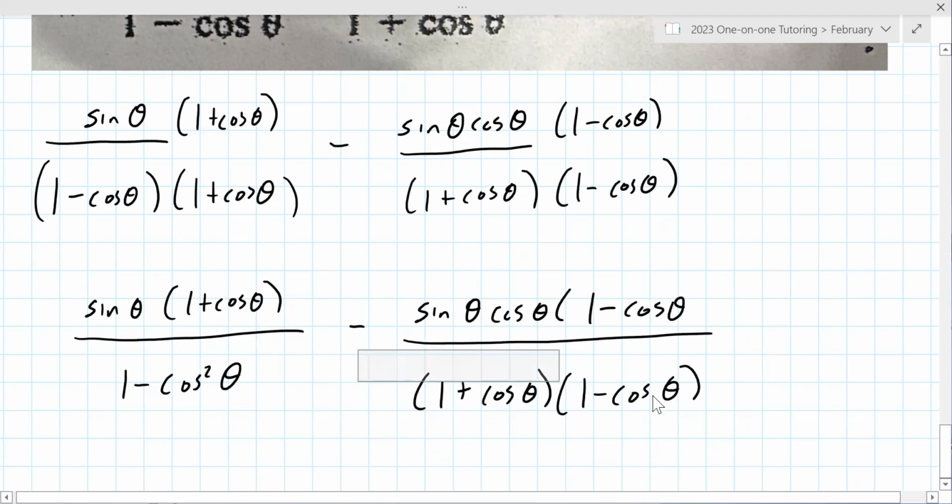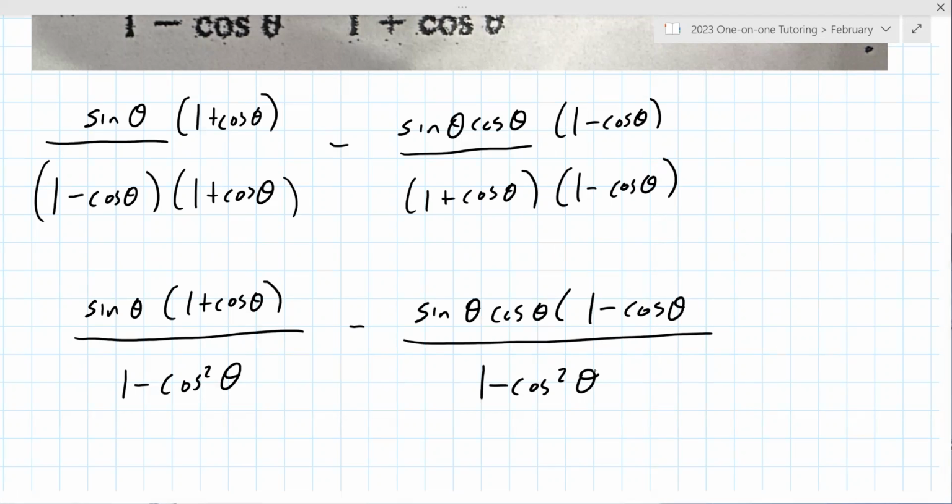Oh, sorry, the right is also 1 minus cosine squared theta. Okay, so from here, anything stand out to you? Anything you're noticing?